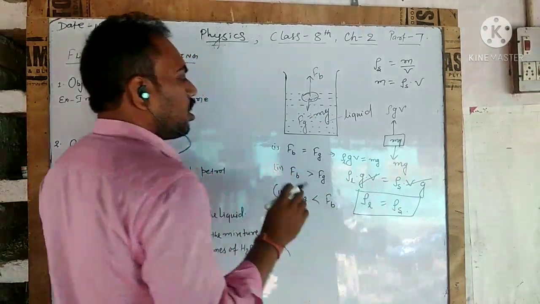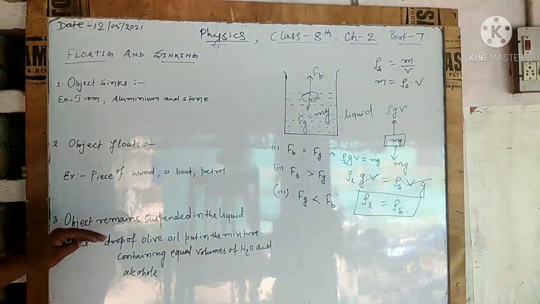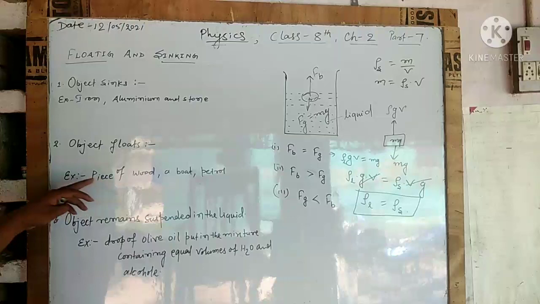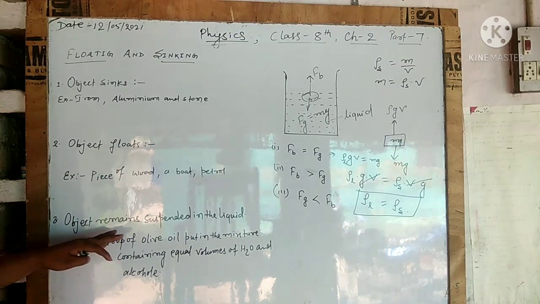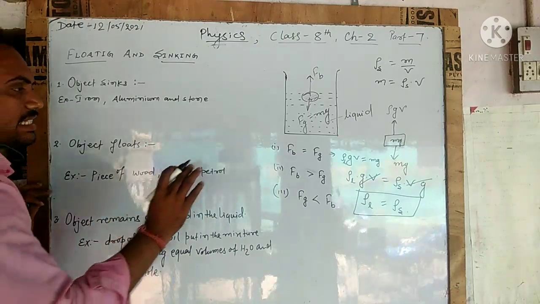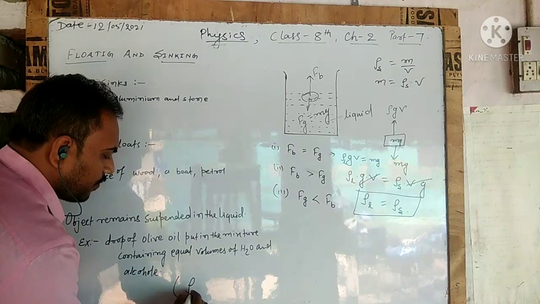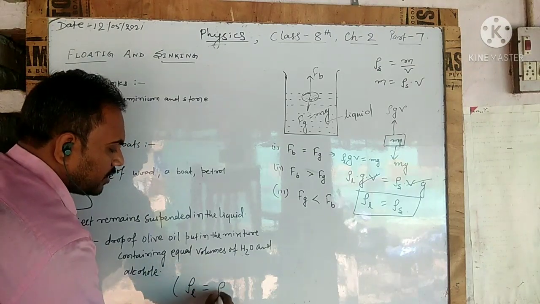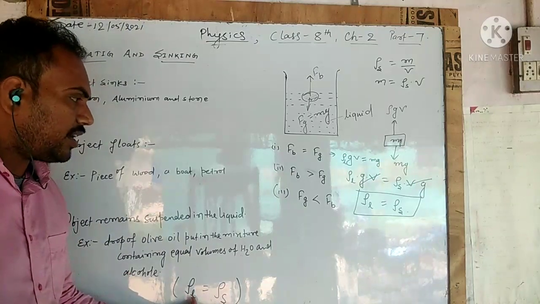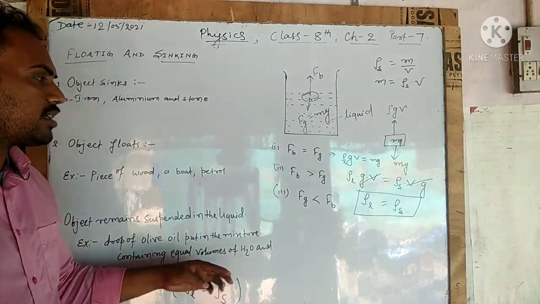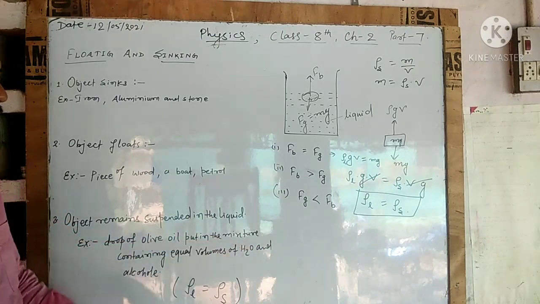This means the object will remain suspended in the liquid. When the density of liquid is equal to the density of substance, the object will remain suspended in the liquid.